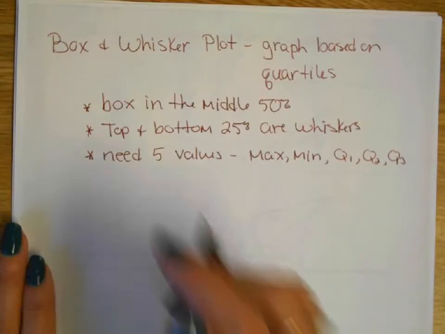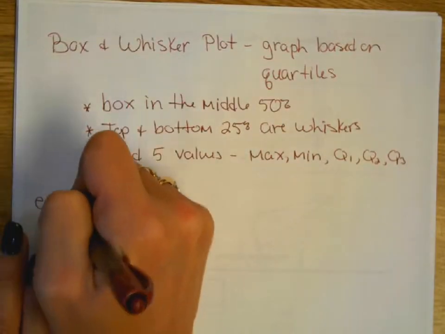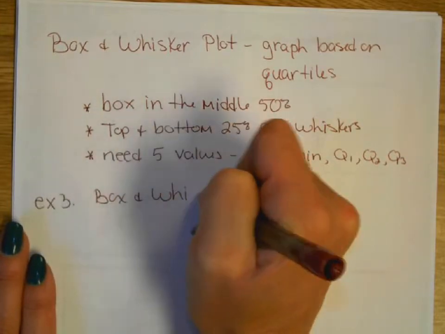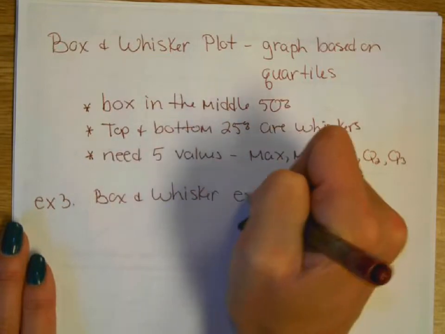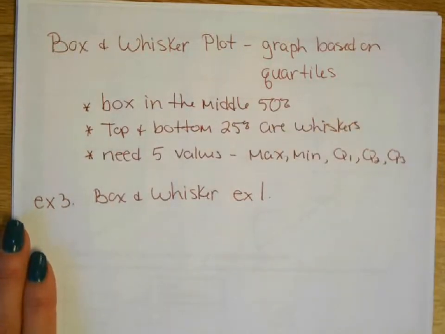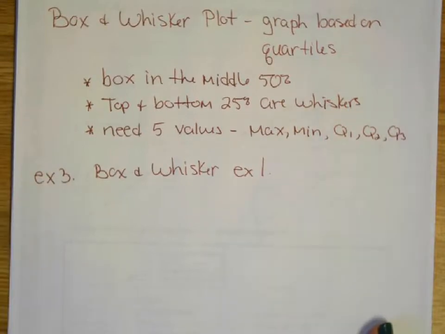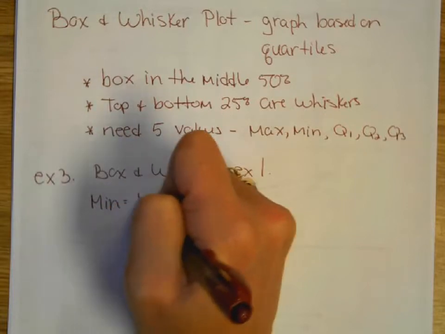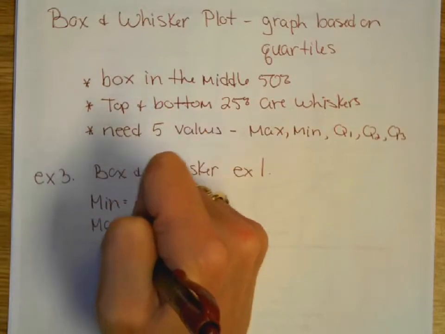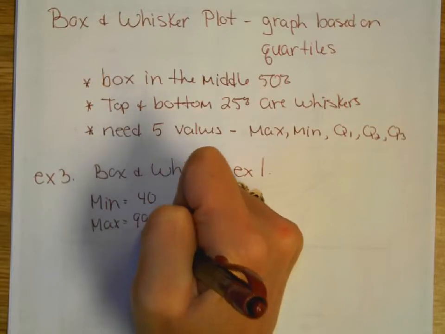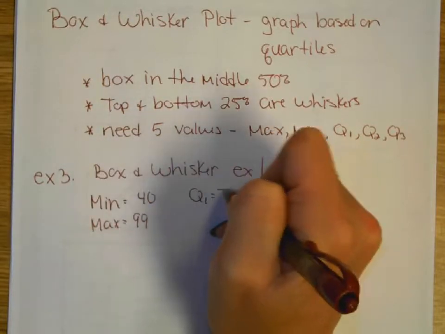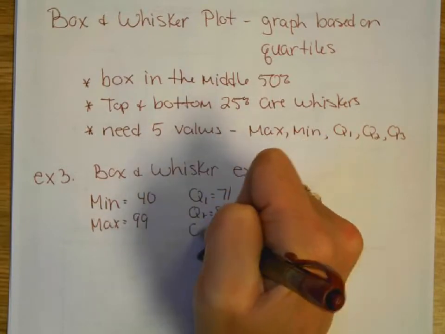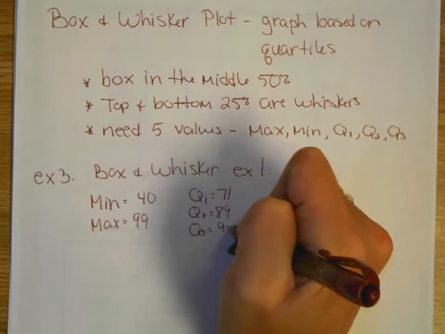So if we make a box and whisker of example 1, if you remember, box and whiskers are made above a number line. So our minimum value, our minimum test score was 40. Our max was a 99. And our quartiles were 71, 89, and 94.